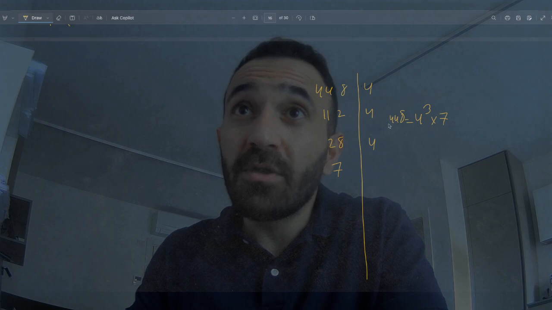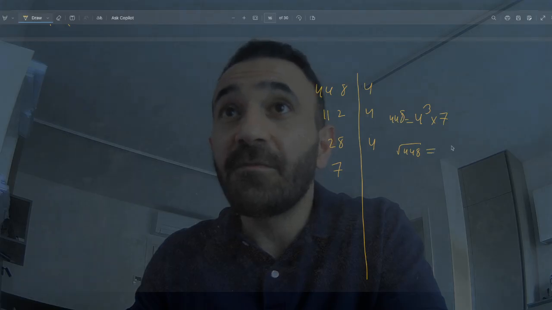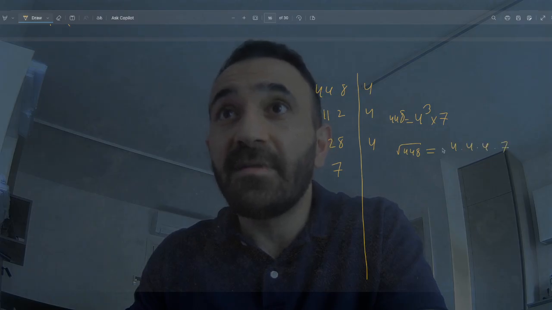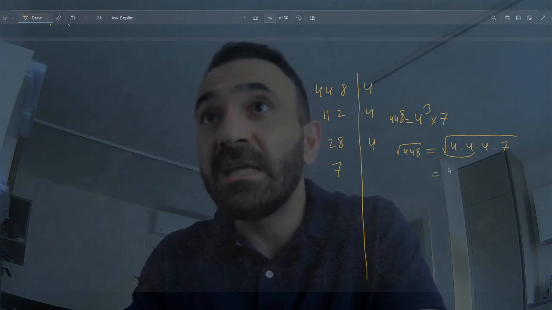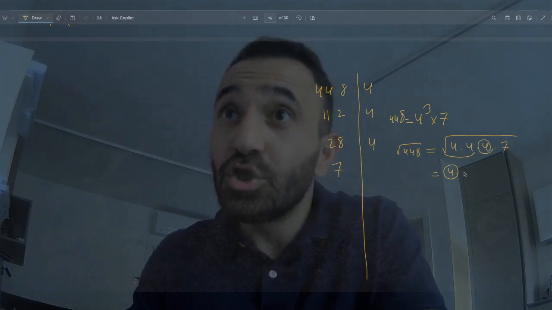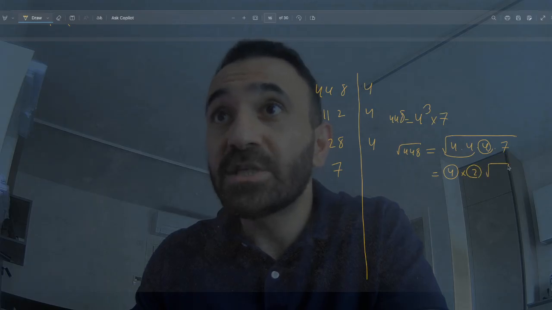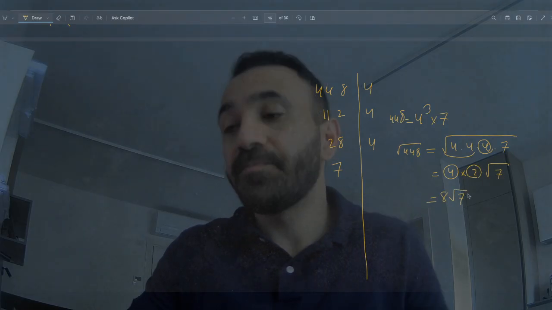So the square root of 448 is the square root of 4 times 4 times 4 times 7. 4 times 4, the square root is 4, goes out. The square root of 4 is 2, out. Square root of 7, you cannot do anything with that. So it is 8 square root of 7.